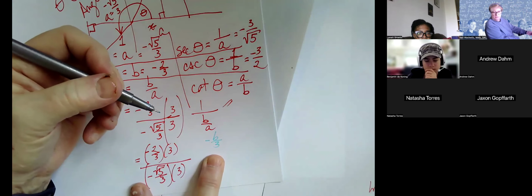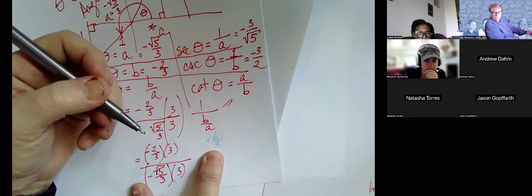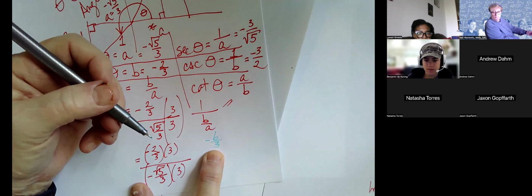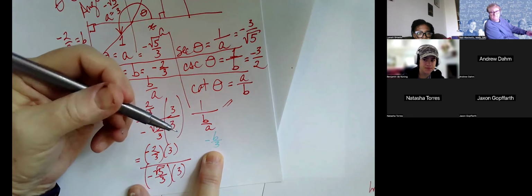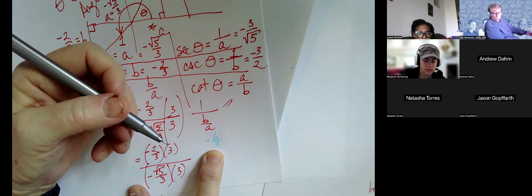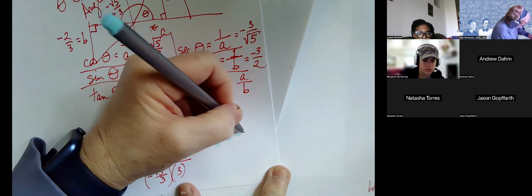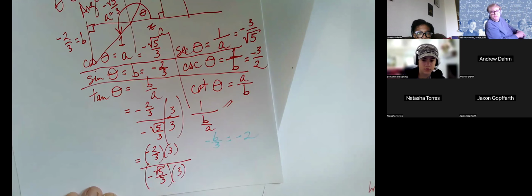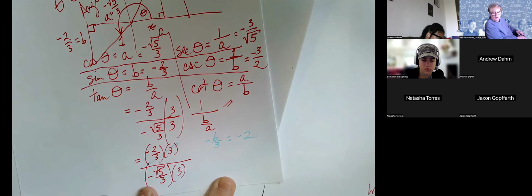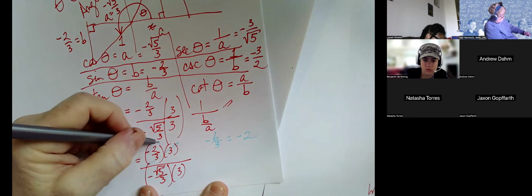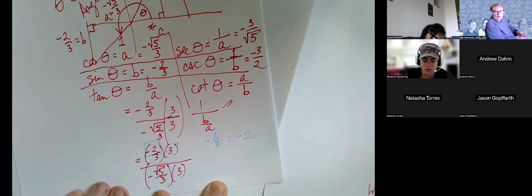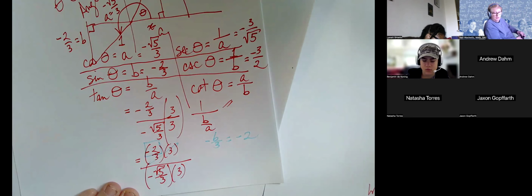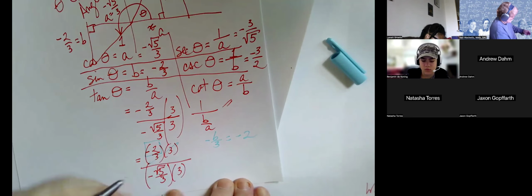And does that reduce? Yes. And what do we get? Negative 2. Good. So the easiest way to deal with complex fractions is to multiply, and you're just left with the numerators of the fractions.